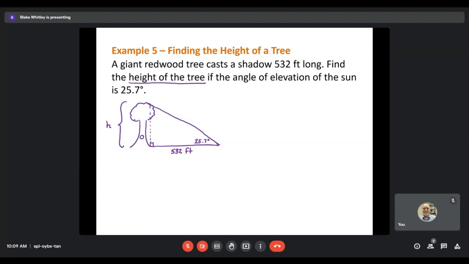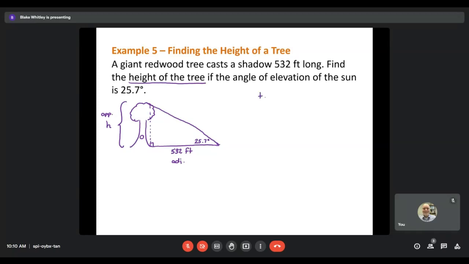Now, based off the information that's given, we have an angle, we have an adjacent side, and we're looking for the opposite side. So notice here, this height is going to be opposite from the 25.7 degrees. Well, since we're dealing with opposite and adjacent, looking at our trig ratios, that tells me I'm going to do tangent.